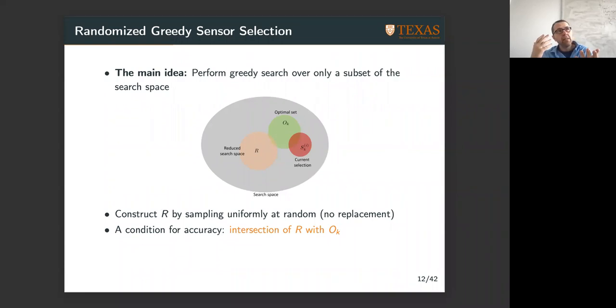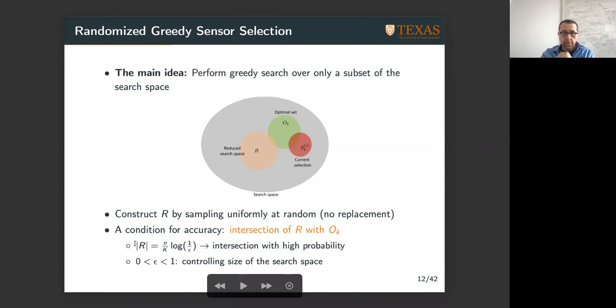But this will not lead to a major deterioration of the performance of the standard greedy if this randomly generated set overlaps with the optimal set of sensors. Motivated by that idea, we analyzed the size of this randomly generated set, where we scaled it according to this.